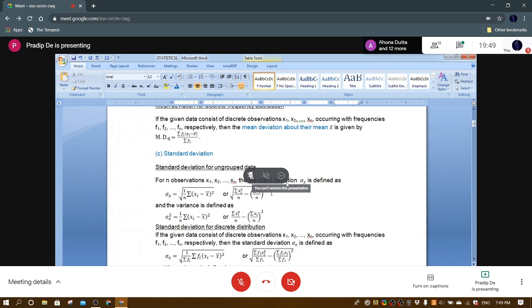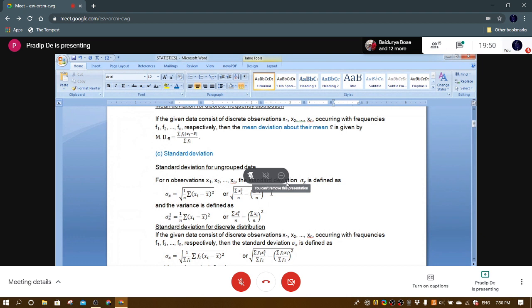If the mean itself is a decimal fraction, then you have to find out the deviation of each number from this fractional value. So quite likely the deviations will also be fractions. Then you square them. You can imagine the squares of the fractions up to certain decimal points will be a tedious job. And then divide by n after finding the sum.